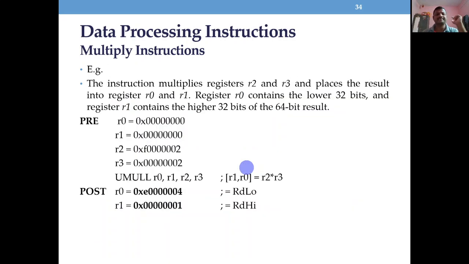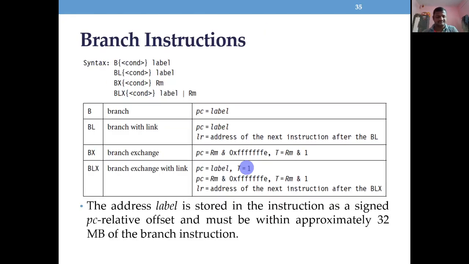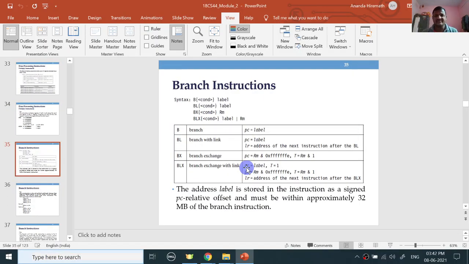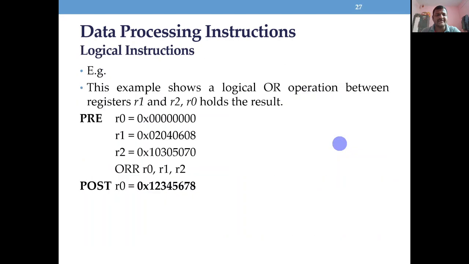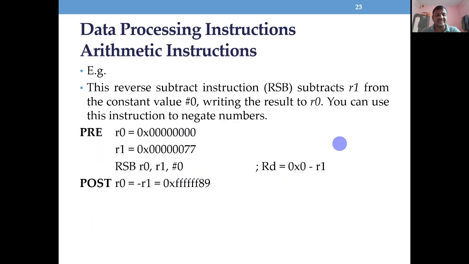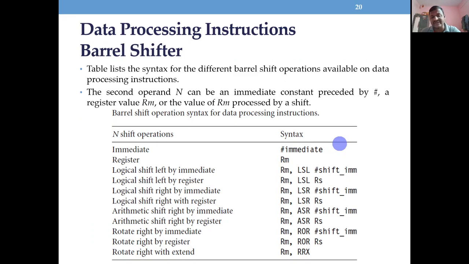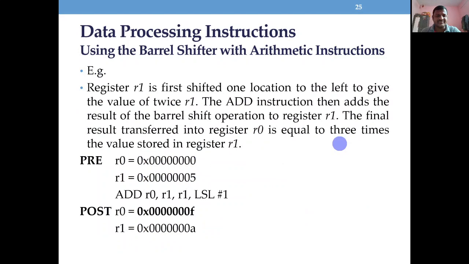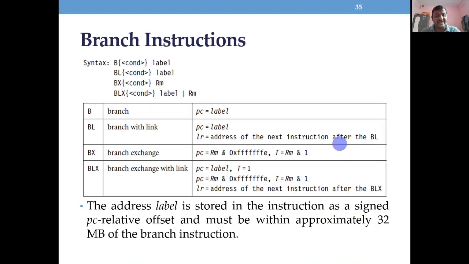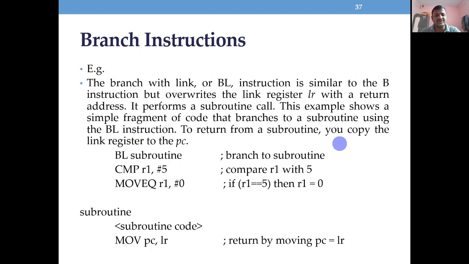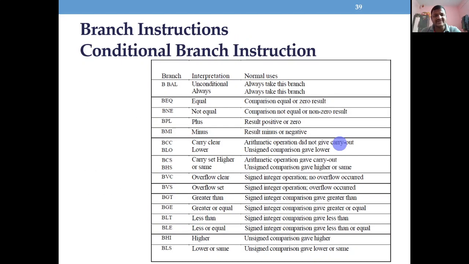So what's the time? Okay, 3 more minutes are remaining. In the next class I'll stop here. We have now finished data processing instructions, where we discussed multiply, compare, logical instructions, arithmetic instructions, along with the barrel shifter instruction. Tomorrow we'll discuss branch instructions, including unconditional and conditional.